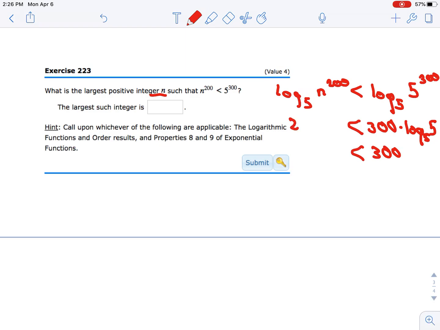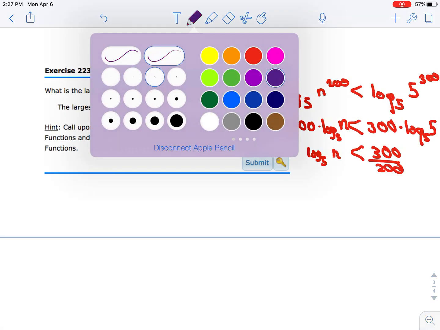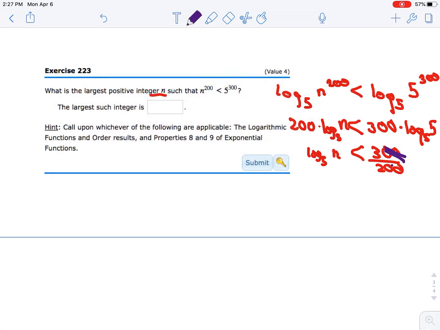And meantime, over here on the left, same kind of thing happens, except the 200 didn't go away. I just have 200 times log base 5 of n. And now if I divide each side by 200, I've got log base 5 of n. If I divide by 200, like so, the 200s just cancel, and I'll just have 3 over 2.